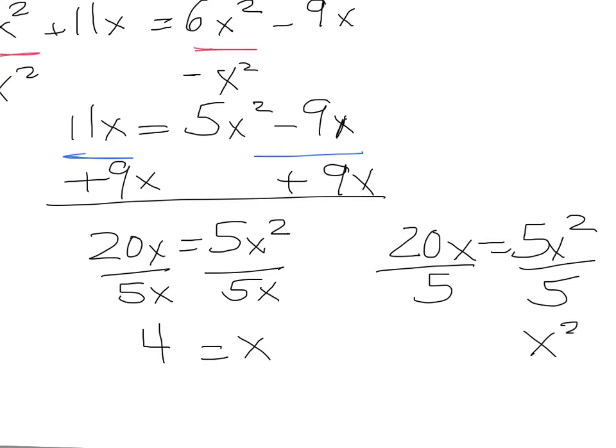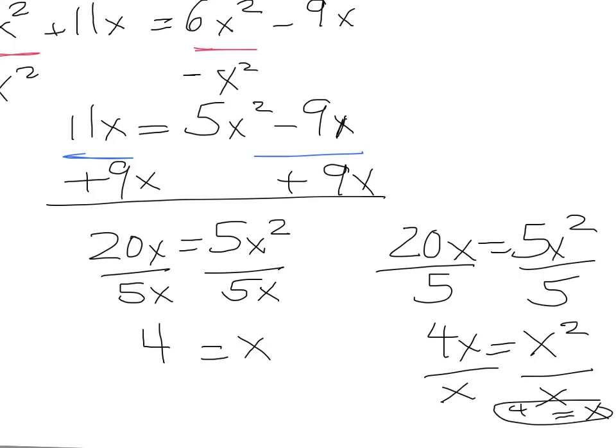You'd end up with x squared equals 4x. Now you can still do the next step, where you divide by x here. And you still end up with x equals 4. So either one of these ways works. And again, you'd have a quadratic if we did it another way.